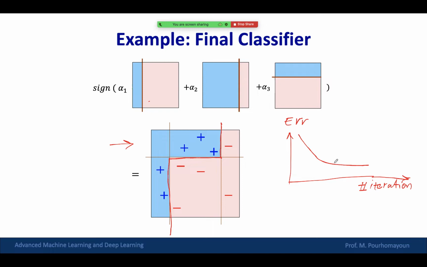It means that after this point we have to stop, because it's almost constant. Sometimes you see a graph like this. If you see something like that, this is time to stop, because after this point overfitting happens and your accuracy will be worse.